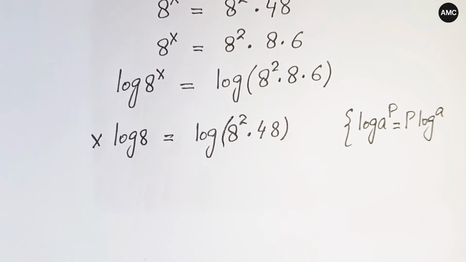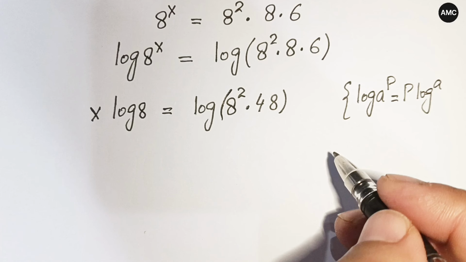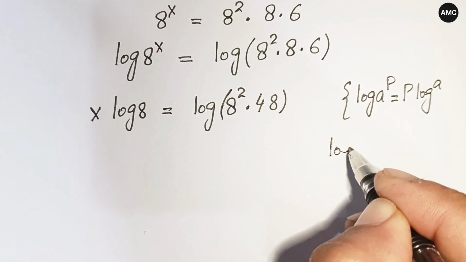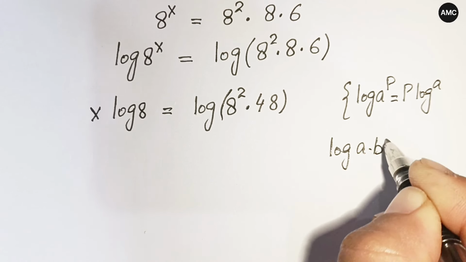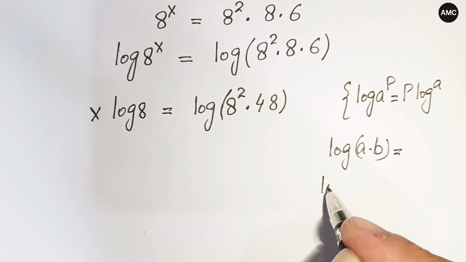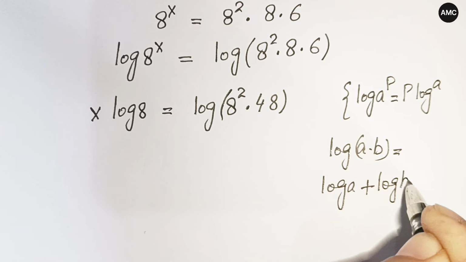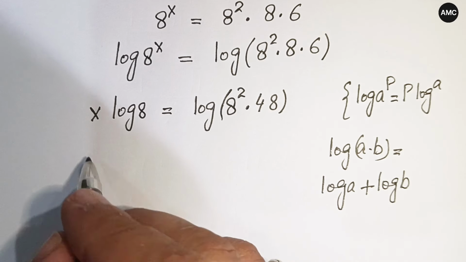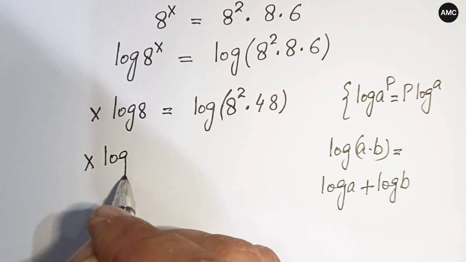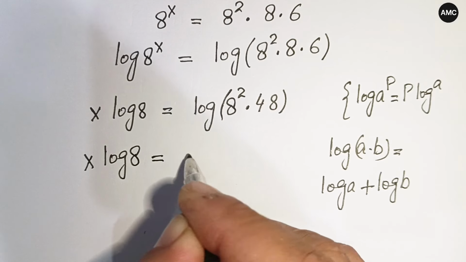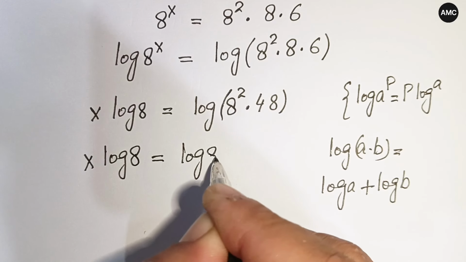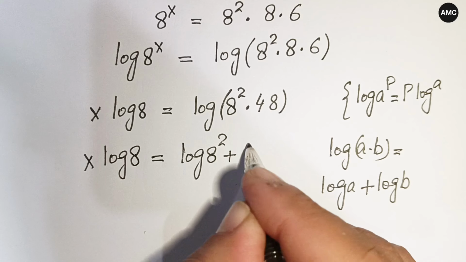So applying the logarithm law, as we know that if we have log a times b, that is equal to log a plus log b. Applying this rule here, x log 8 is equal to log 8 squared plus log 48.